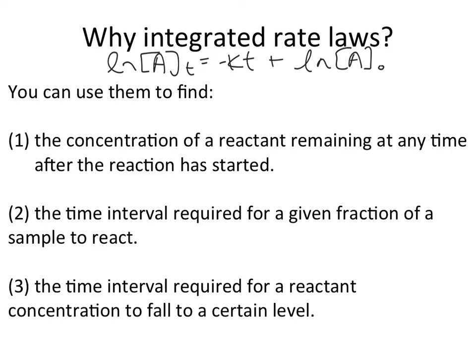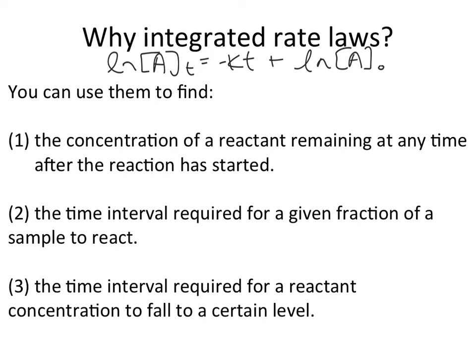We know this because we have a concentration variable at the initial time and a time variable. If we know our initial concentration and the time at which we're trying to analyze, 10 seconds into the reaction or 5 minutes into the reaction, we can plug that information in and obtain our concentration at that specific time.